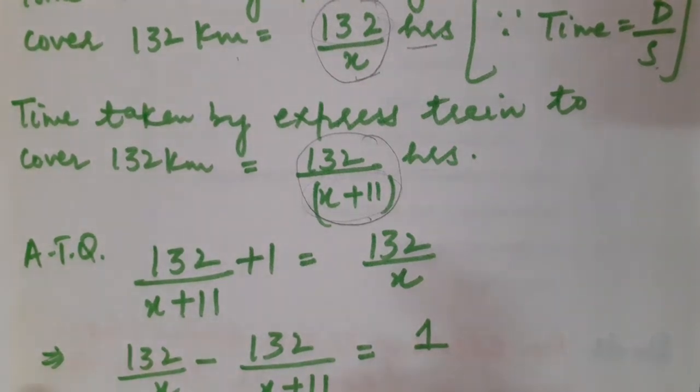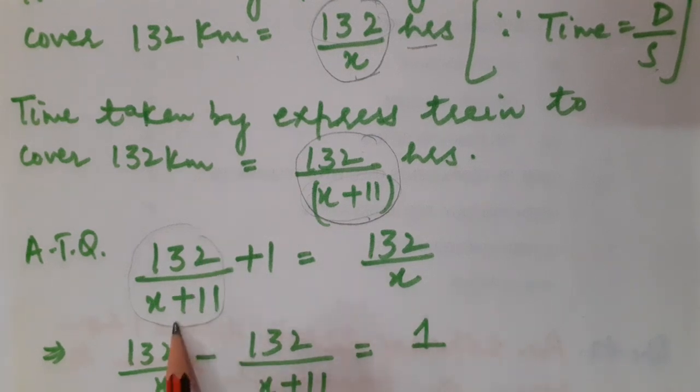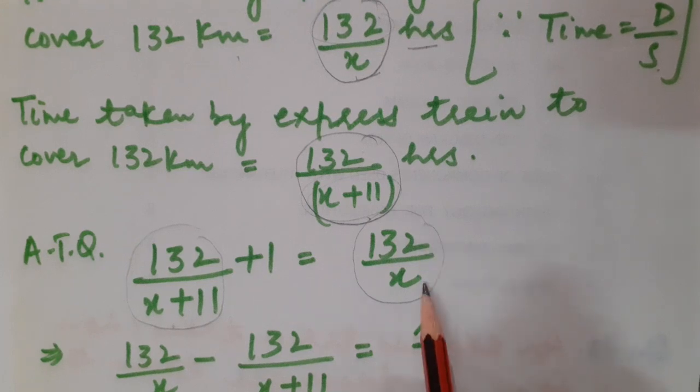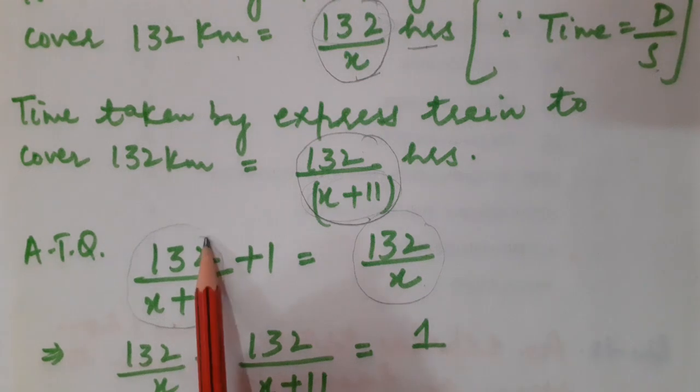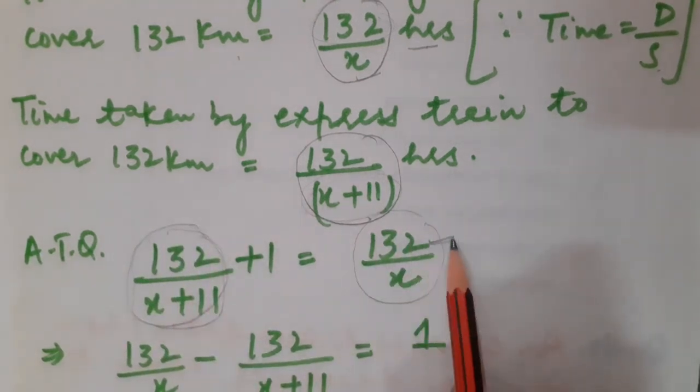Please be alert. Look, this is the time taken by express train, 132 upon x plus 11, and 132 upon x is the time taken by passenger train. Correct? Now what does the statement say? An express train takes 1 hour less. Means this time is 1 hour less than the time taken by the passenger train.